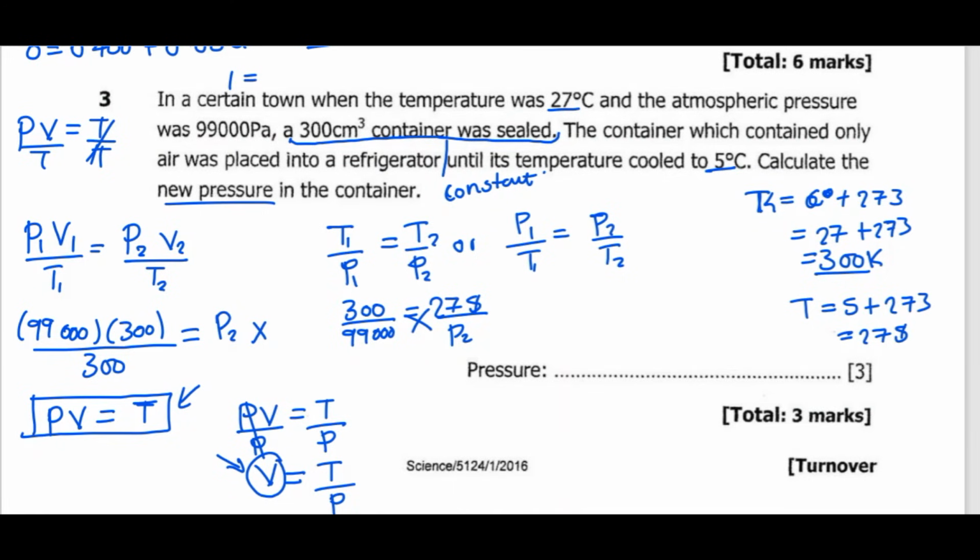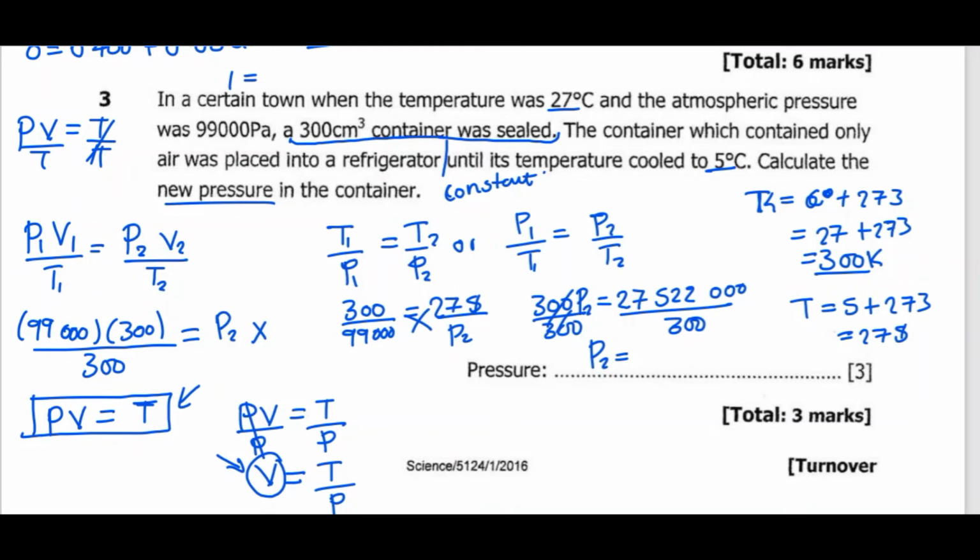So cross multiplying will give us 300 pressure 2. Then 99,000 times 278. I'm getting 27,522,000. So we divide by 300, also by 300.